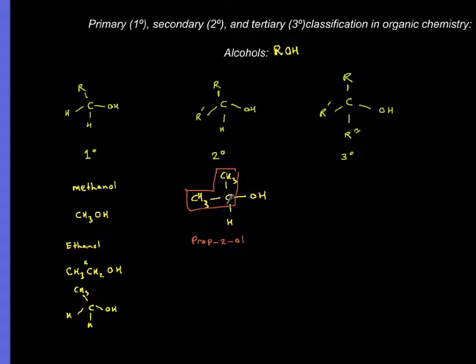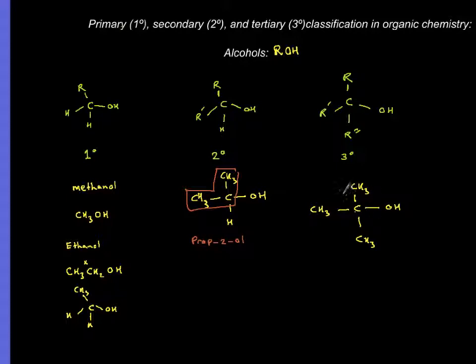Now, if all hydrogens on the carbon with the hydroxyl group are replaced with alkyls, then you have a case of tertiary. So for example, if I put CH3, R prime, R double prime could be exactly the same like in this case, or you could have another alkyl group. If you have something like this, where there is no more hydrogen left on the carbon with hydroxyl, you're an example of a tertiary.